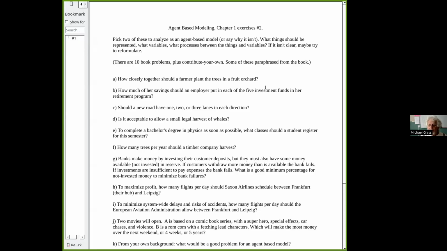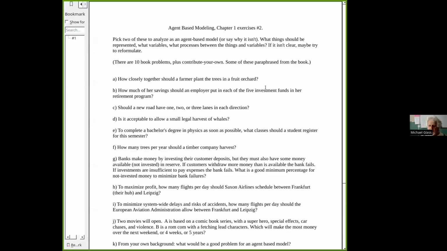So if the trees don't move and you can just specify with a few simple equations, if the trees are this far apart, then they will inhibit each other by 5% because of shading or whatever. And if they're somewhat closer, then they inhibit each other by 10%, like that.